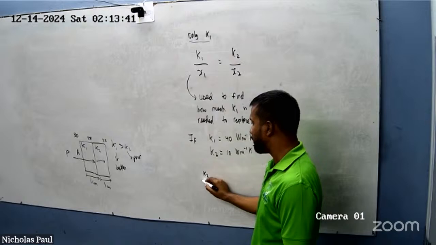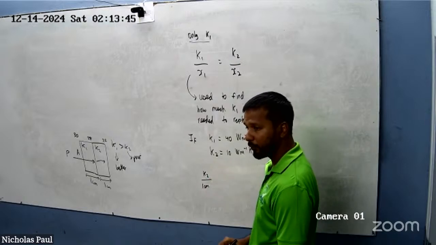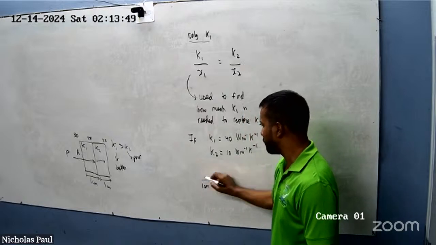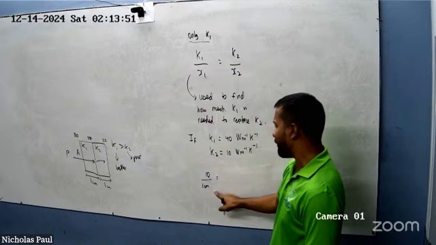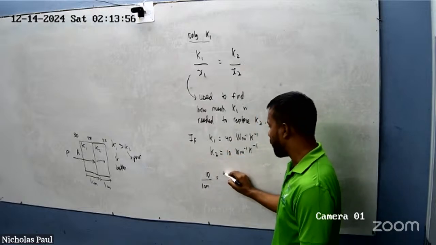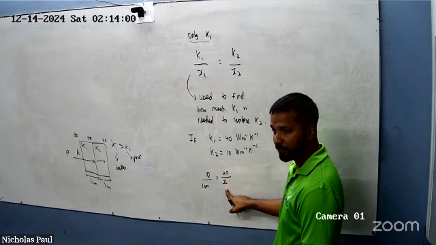We want to replace K2, which is 1 centimeter, and we know that K2 is 10. And we want to replace it with K1, okay? And K1 is 40.